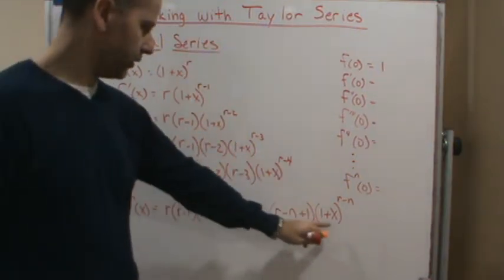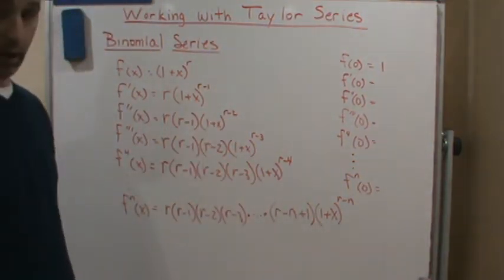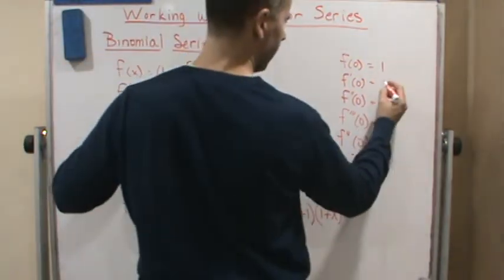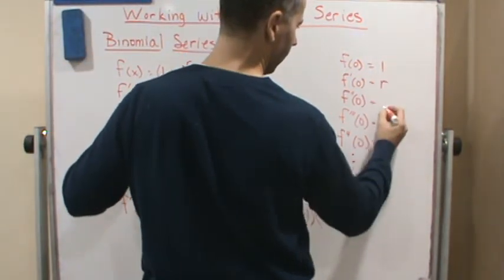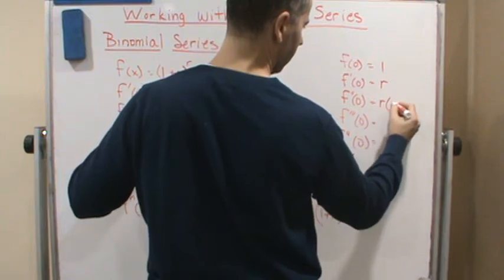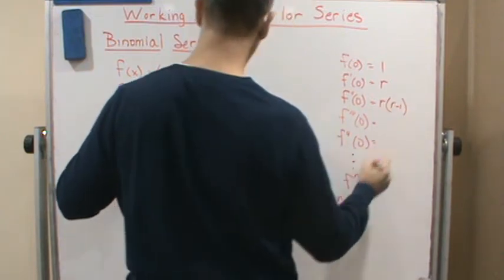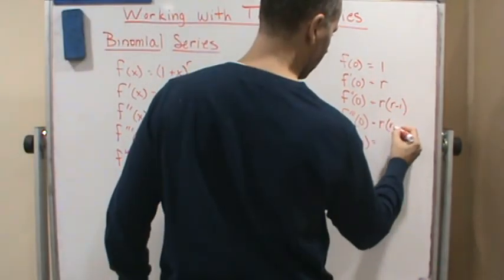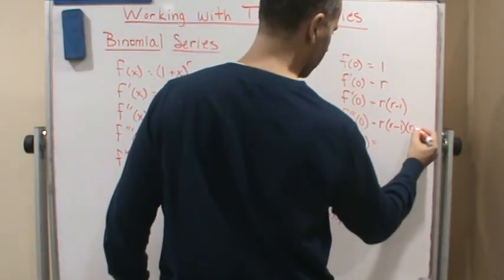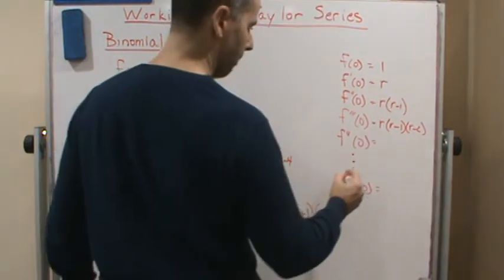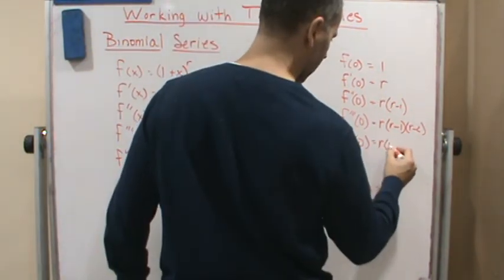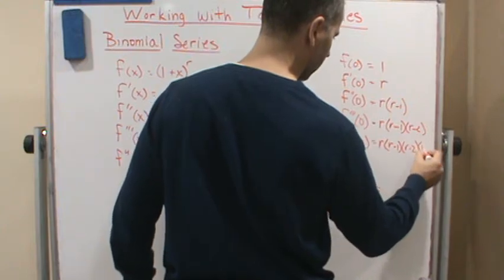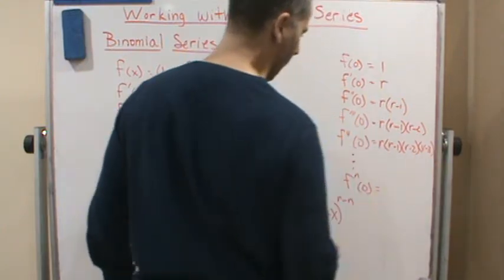When x is 0, for the first derivative we just get r. Then we get r times r minus 1, then r times r minus 1 times r minus 2, and then r times r minus 1 times r minus 2 times r minus 3.